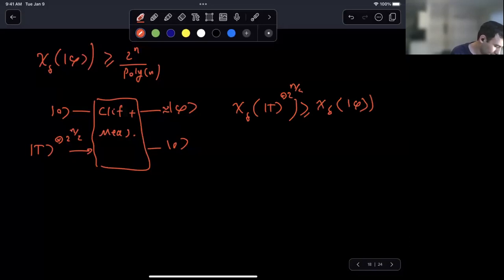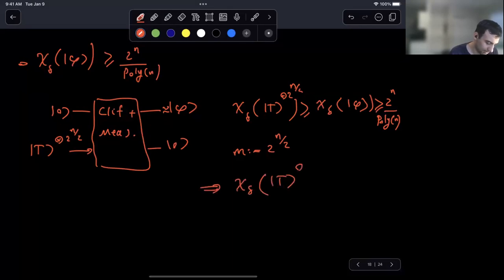And if I use this result, this is over poly n. And here I again define m as 2 to the n over 2, and then I get that the stabilizer rank of T to the m is lower bounded by m squared.